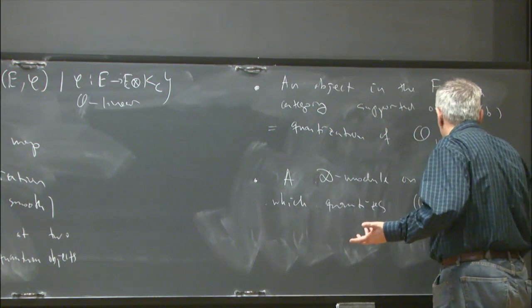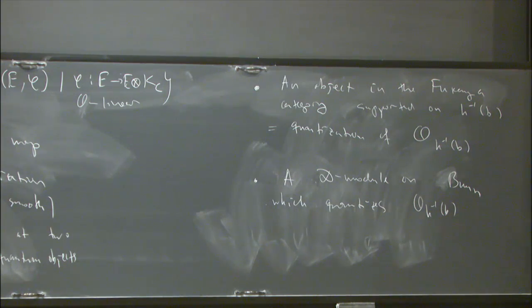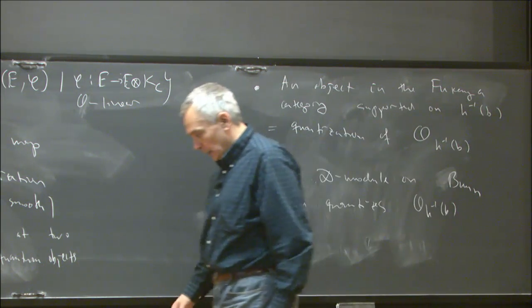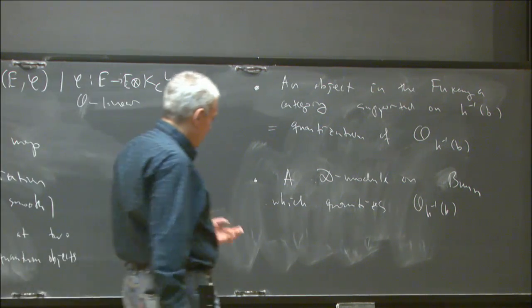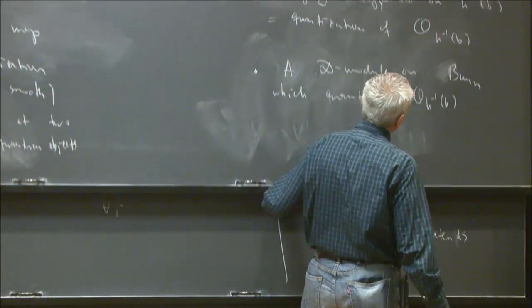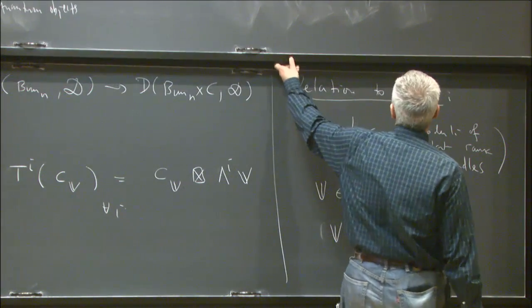And of course, you have to say how that happens. But there are somehow two potential ways to deform this object, which is the structure sheaf of a Lagrangian torus. One is as an object in the Fukaya category. The other is as a D-module, as a sheaf on the cotangent bundle.